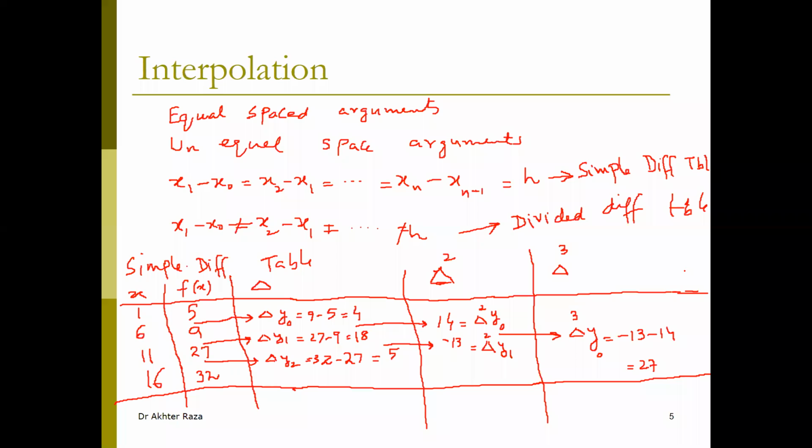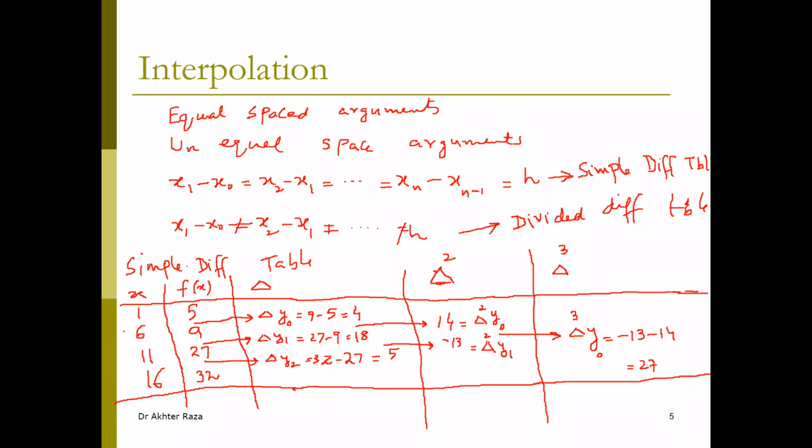What about the delta 4? It will not exist, because if we have 4 arguments given to us, then the third order simple differences will be constant because we have only one value here. And the fourth order and higher orders will be 0. So this is one very important conclusion about the simple differences.